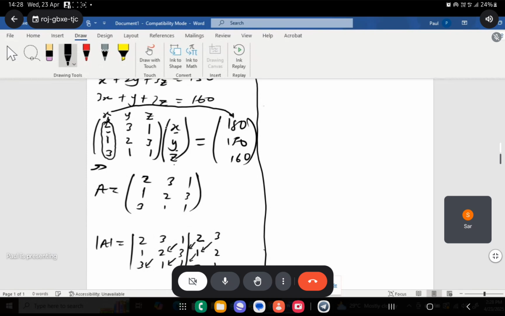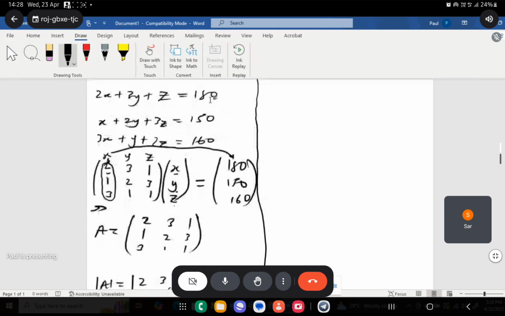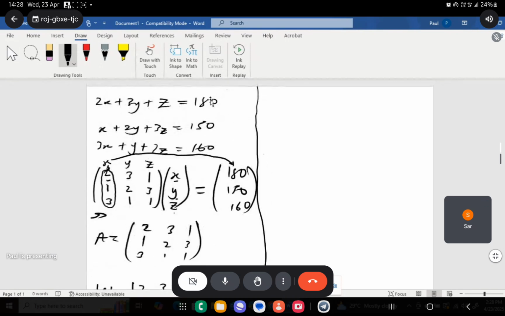That's the 180. You know that the equation is equal to 180. The first one is equal to 180, second one is equal to 150, the last one is equal to 160. So we replace the coefficient of matrix X by the figures that they are equal to.